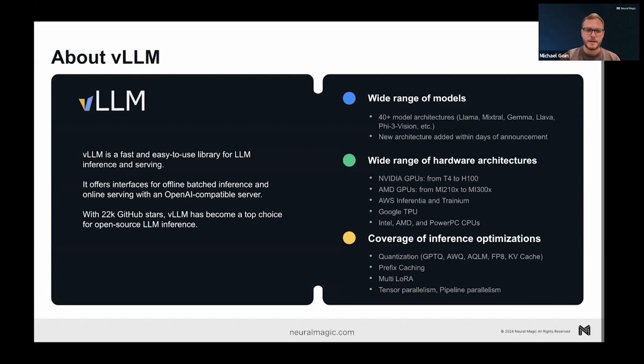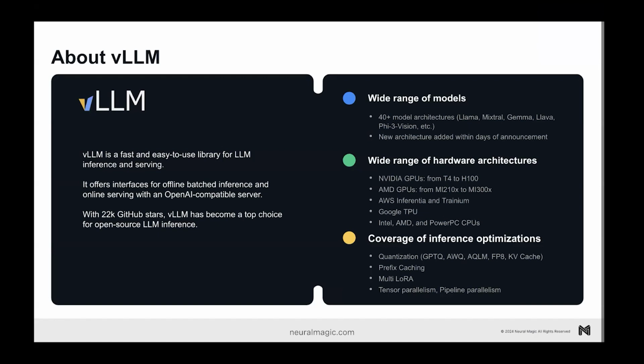And it also has a really performant and easy to use OpenAI compatible server with support not just for text generation, but also for vision language models and embedding models that we're adding support for all the time. And yeah, lots of GitHub stars, lots of downloads, and lots of contributors beyond just Neural Magic and Anyscale here, both from commercial companies and also from community users like you.